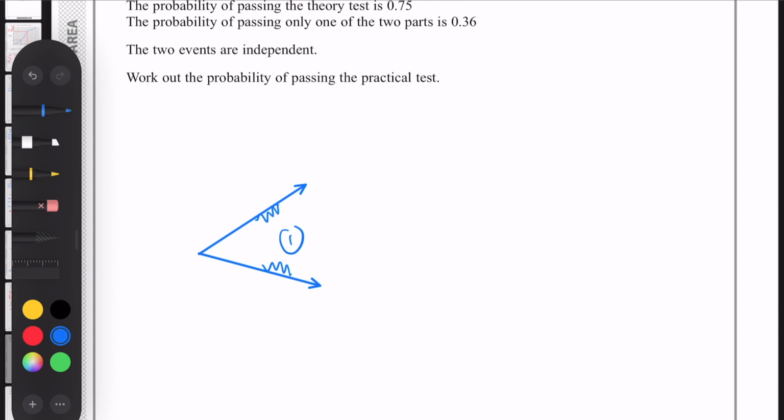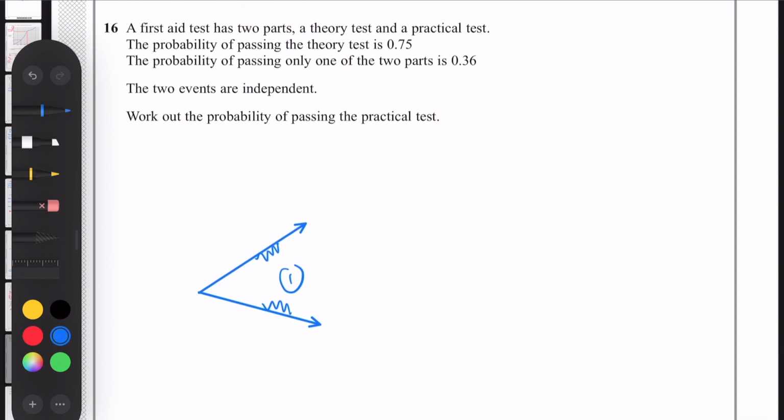So we'll label the first one, the theory test, and the probability of passing it is 0.75. I actually prefer dealing in fractions, so I'll put that as 3/4, and that means the probability of failing it is 1/4. On to the next diagram, the practical test.